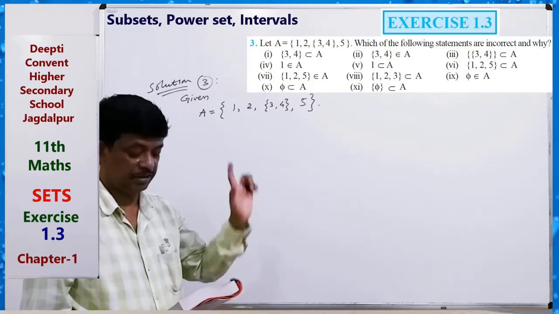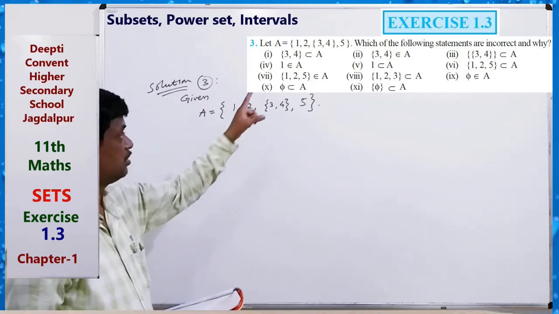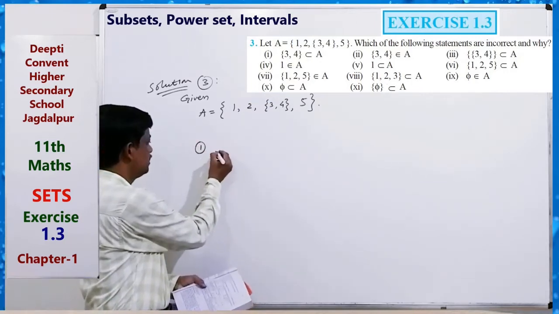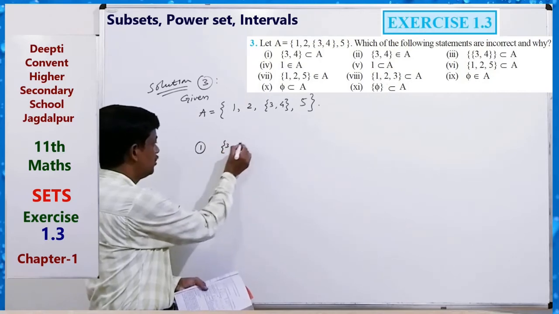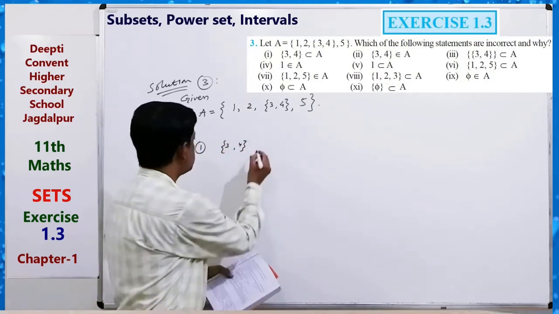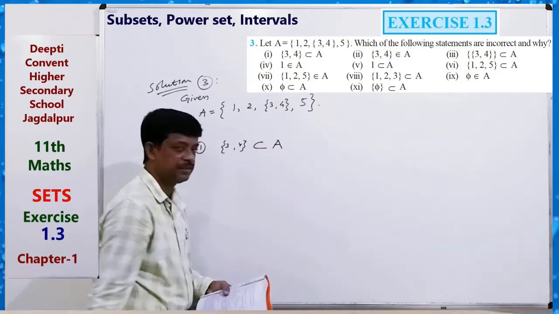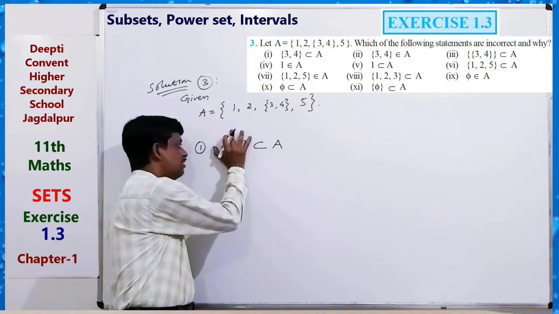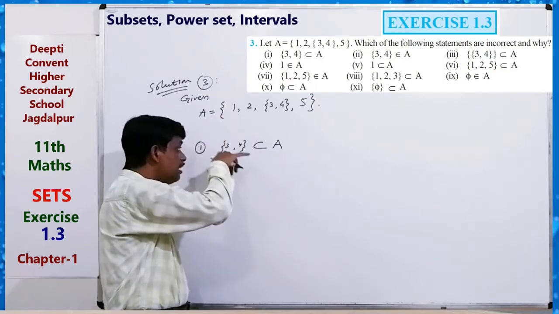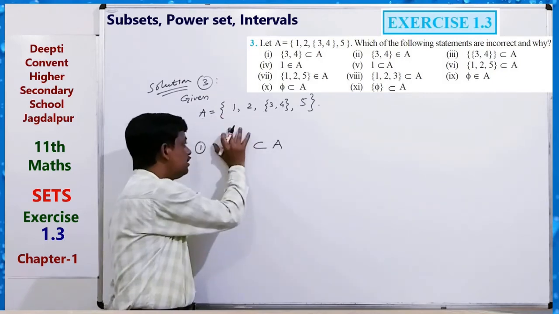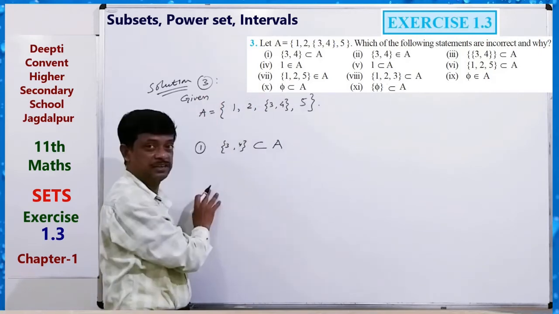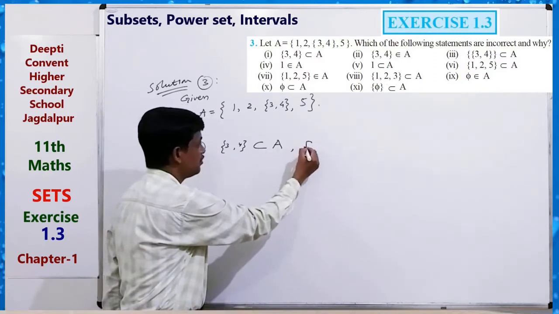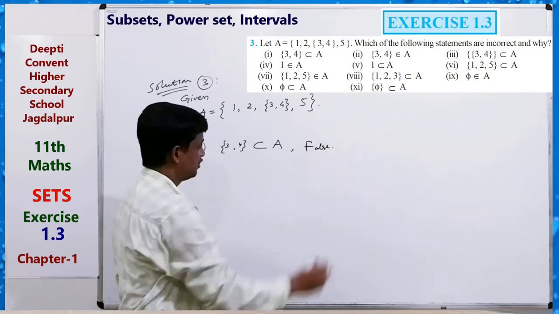There are 11 points under question third. First is {3, 4} subset of A. Here the set {3, 4} is an element of the set A. The complete {3, 4} belongs to this set, is an element of this set, not a subset. So it is false, incorrect.